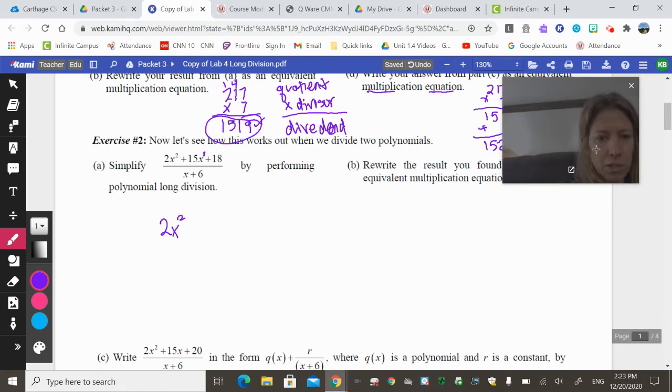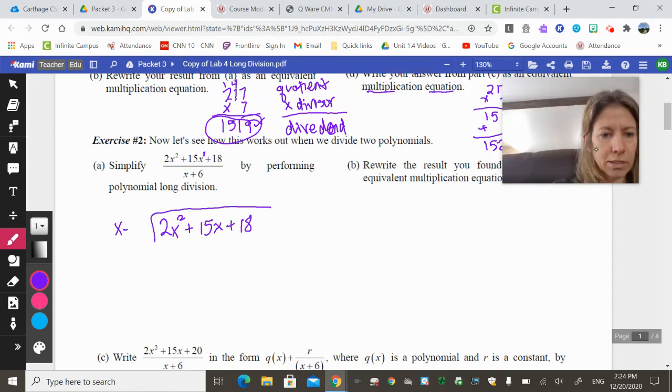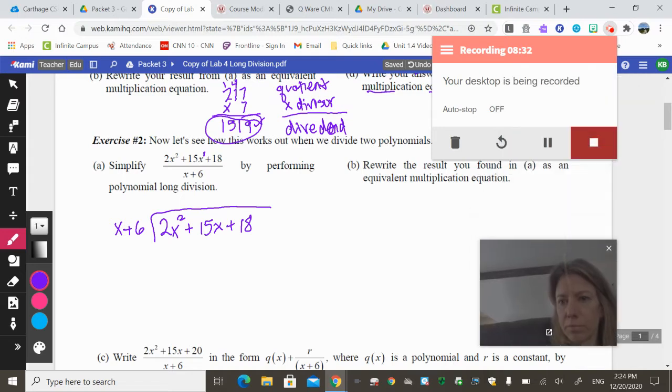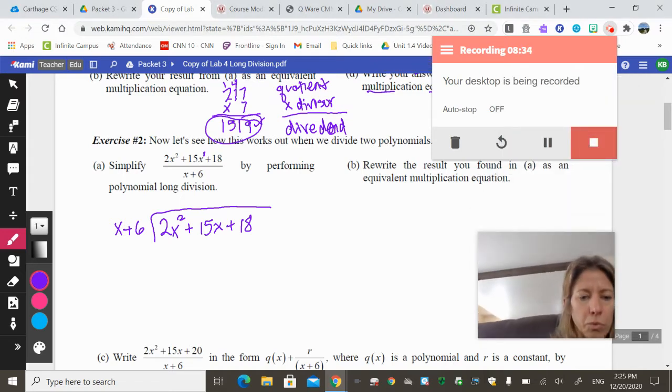I'm going to take my trinomial of 2x squared plus 15x plus 18, and I'm going to divide by x plus 6. So when we're dividing the x plus 6 into this trinomial, we're going to want to first divide it not into just this monomial 2x squared, but we're going to look at the binomial 2x squared plus 15x.